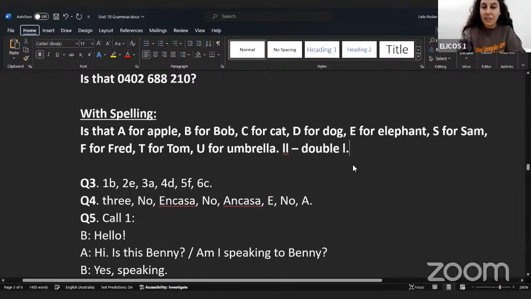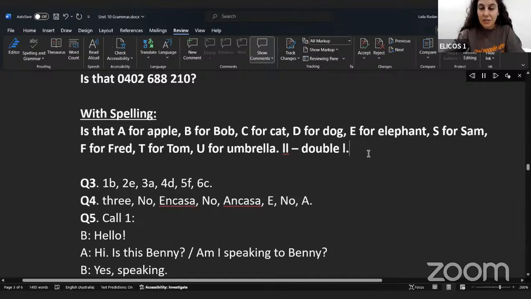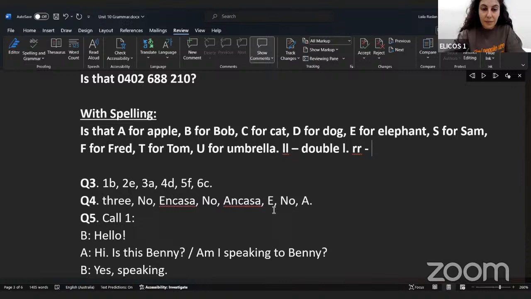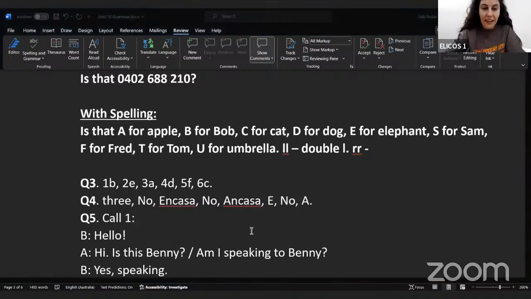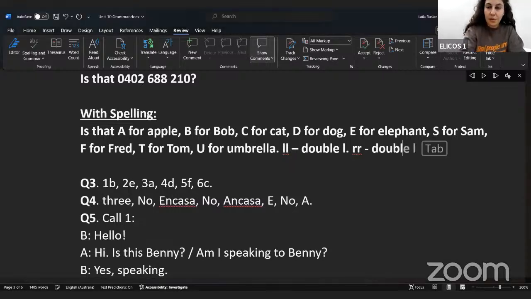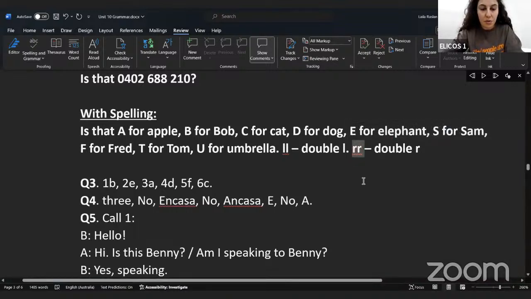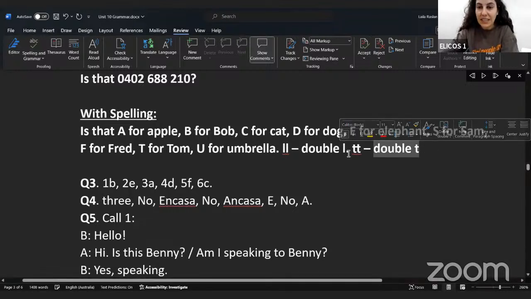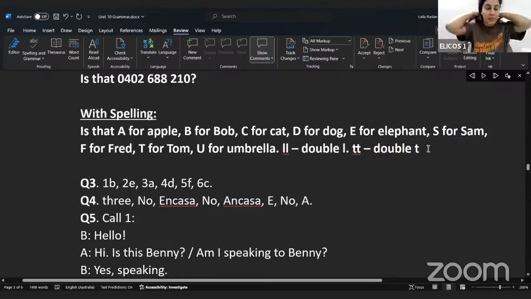Or maybe your name has a double R. Okay, so double R. Whatever the letter is, if it's two of them, two T's, double T. Not T T, you would say double T, double L, whatever you're trying to spell.